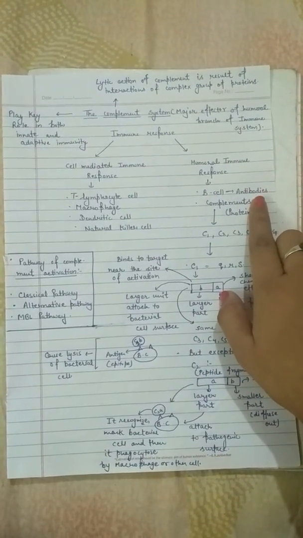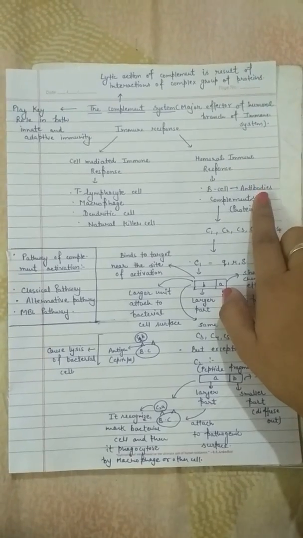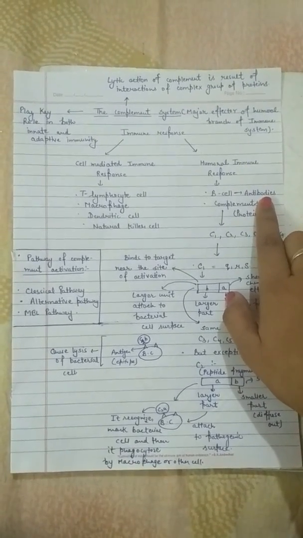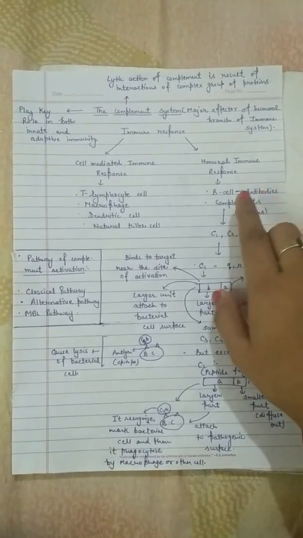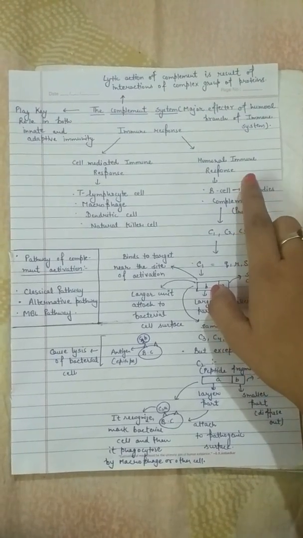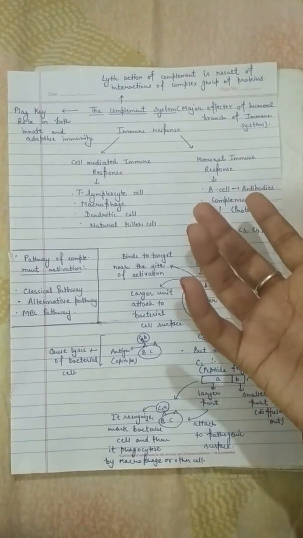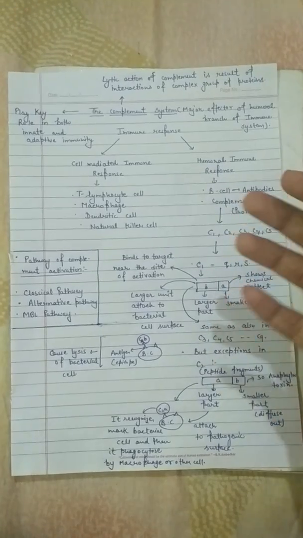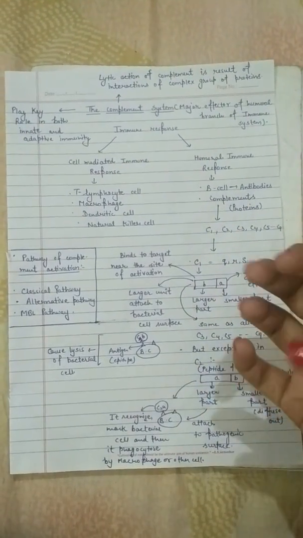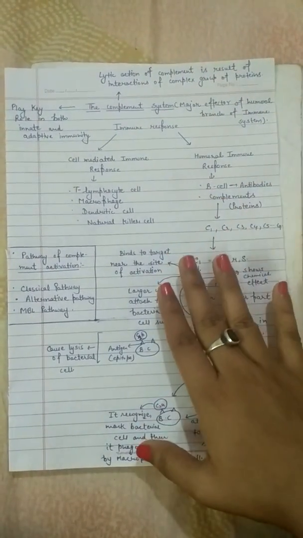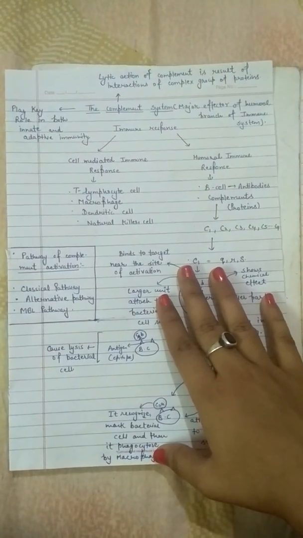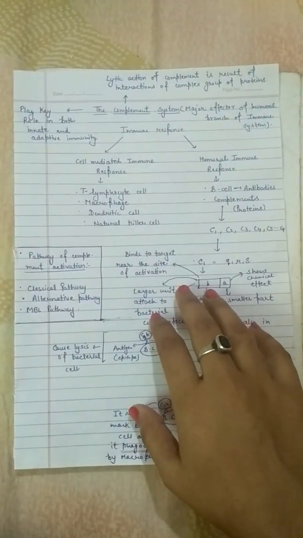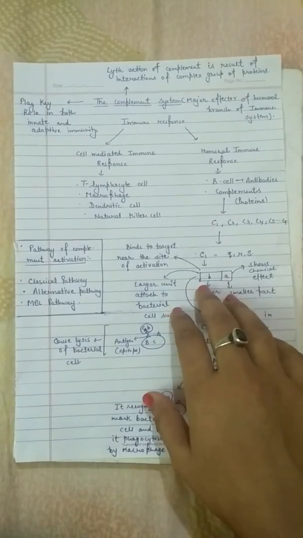These antibodies circulate in the blood or any fluid and help in the clearance of the pathogenic cell. Plasma cells also produce memory cells. These memory cells retain the memory of that pathogen, so that in future if that pathogen comes again, they produce an immune response against it again.